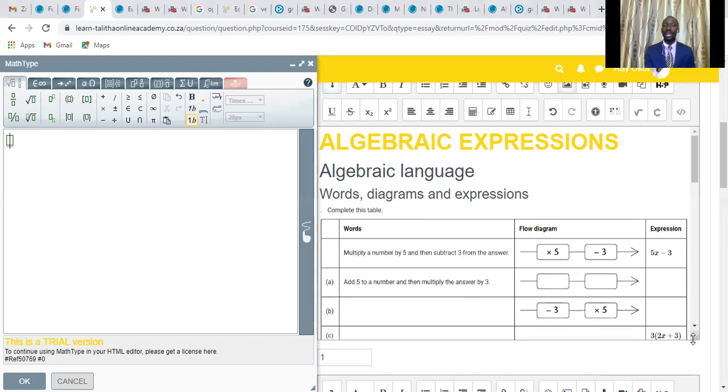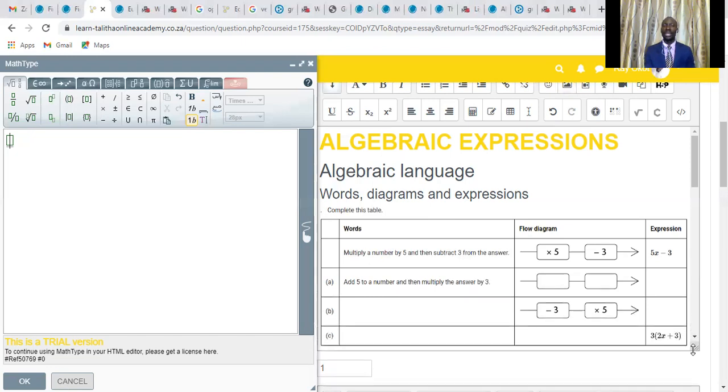We would also look at some other numbers shortly. Now, when you look at the second part of this same question, here we have been given: add 5 to a number and then multiply the answer by 3. So in the first box we add 5. After adding 5 to the number, we will get the answer.